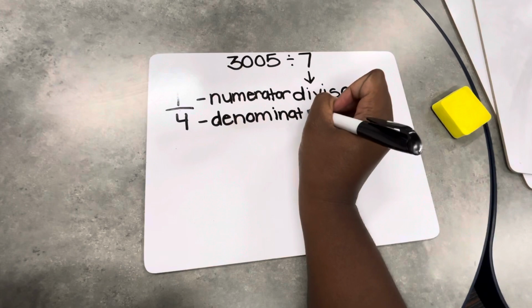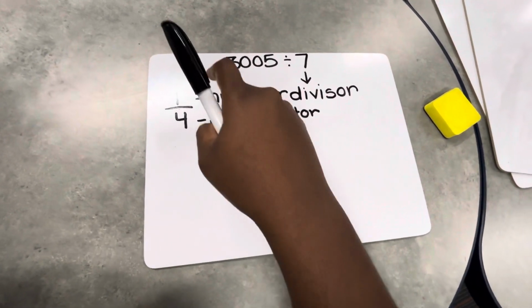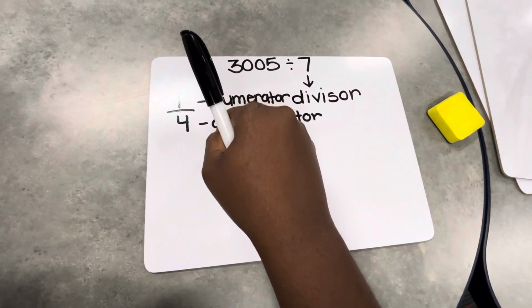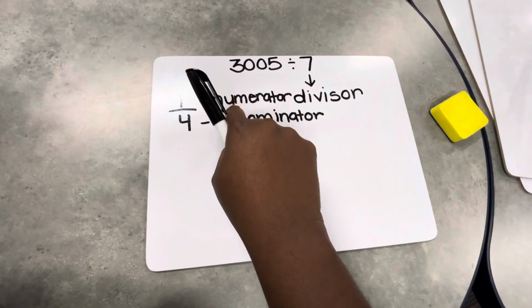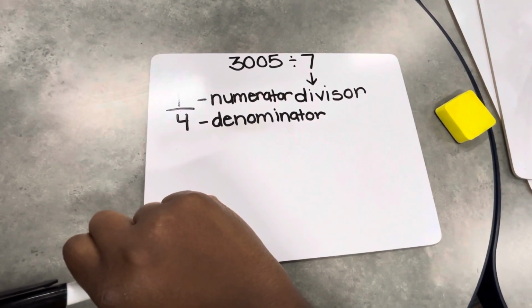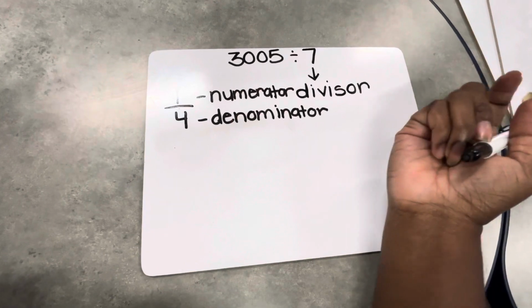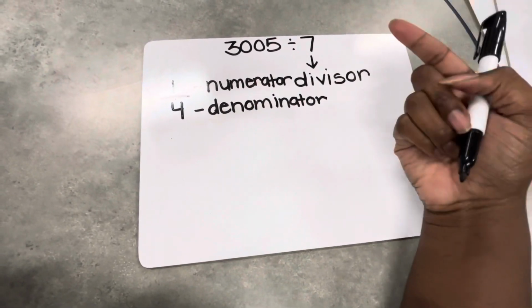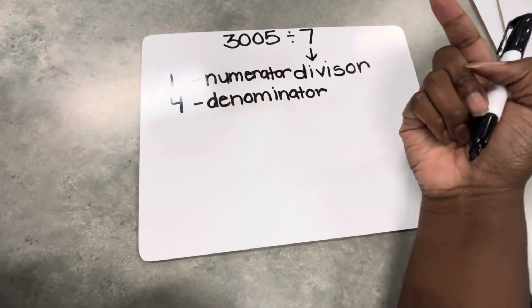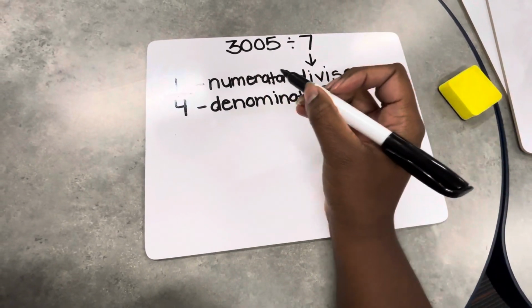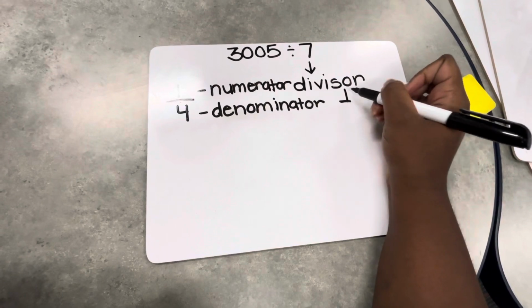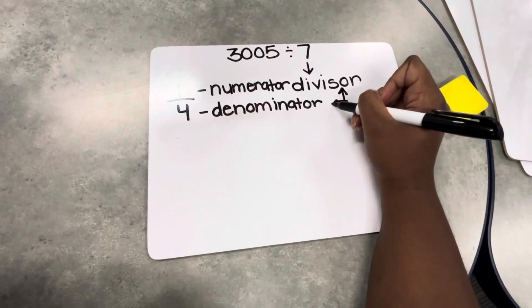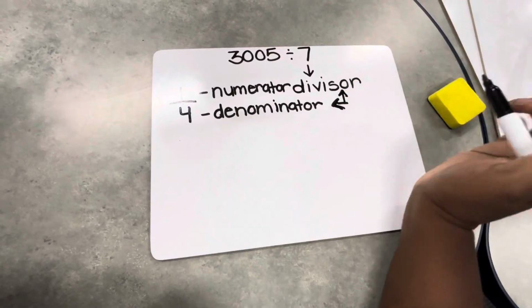A student actually pointed out that the D in denominator represents down, and then here we have a U in numerator, which means up. So whichever way you would like to remember that, that's really important when we are representing our remainders as fractions. The next thing that we're going to think of is our divisor is always going to be our denominator.